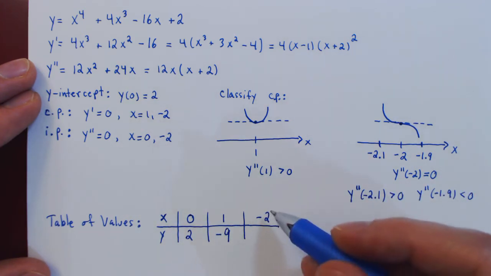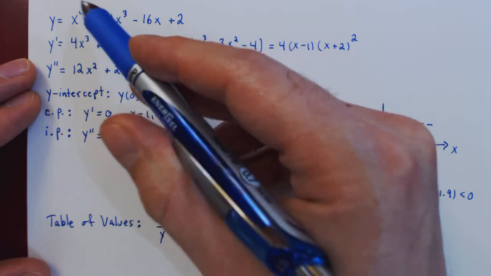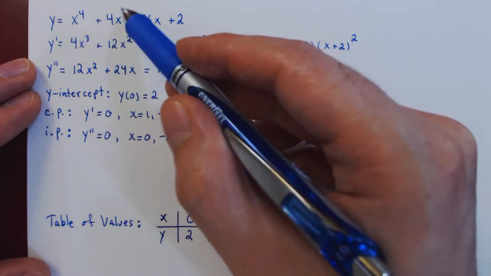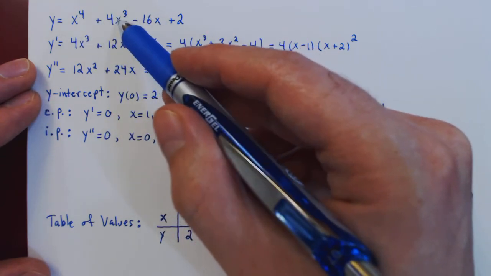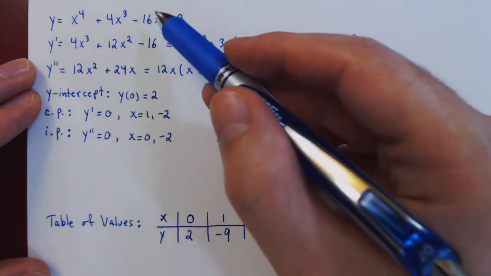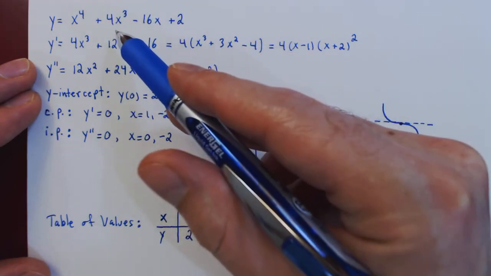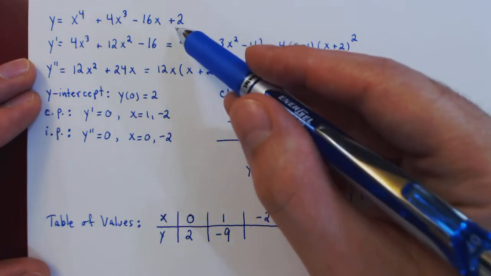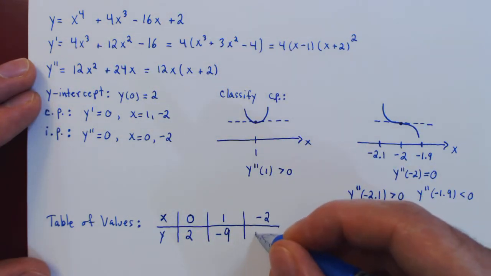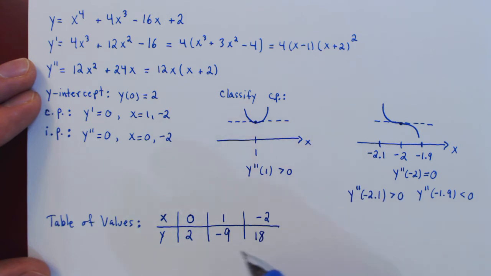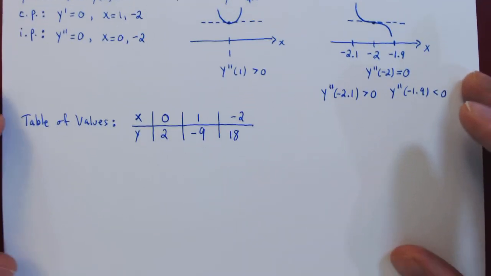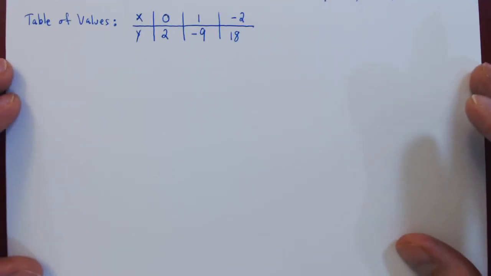And finally negative 2, so you'll get positive 16. Then negative 8 times 4 is negative 32, so that's negative 16. But then positive 32, negative 16 is positive 16 plus 2, positive 18. So we now have the 3 corresponding y values. So let's include those in the xy plane.